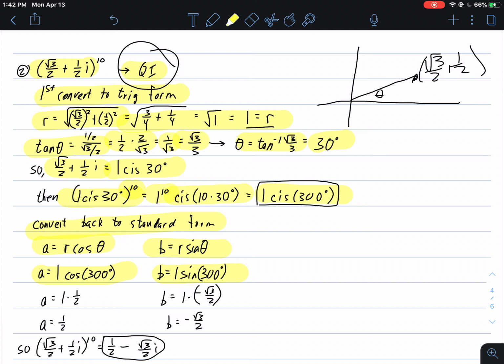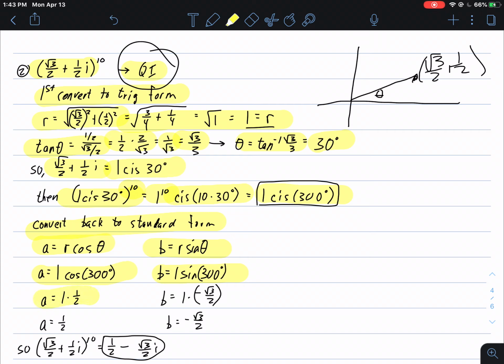And so our cosine of 60 degrees is 1/2. Our sine of 60 degrees is square root of 3 over 2. But then we're in quadrant 4 with our angle, 300 degrees, where cosine is positive, so positive 1/2. Sine, however, is negative, so negative square root of 3 over 2.